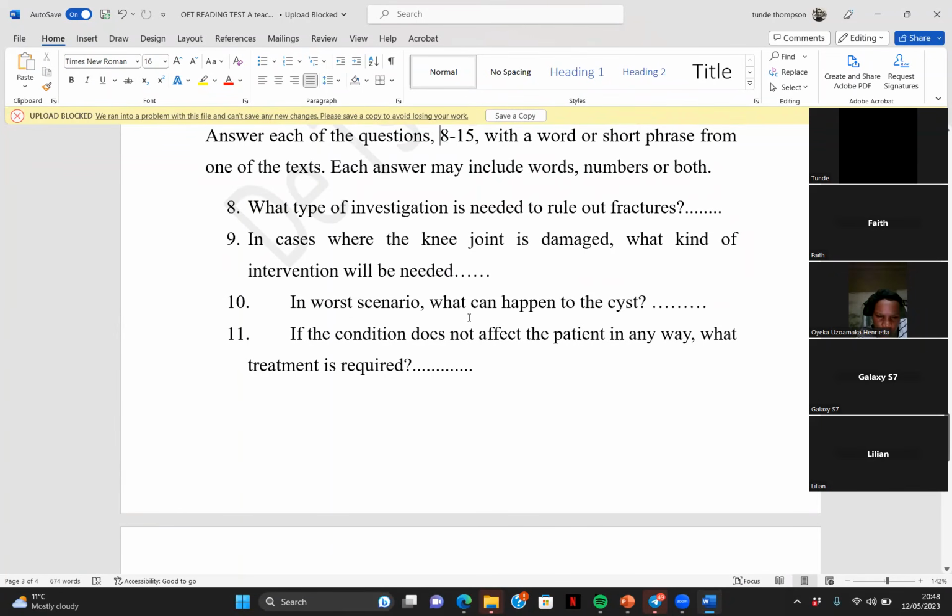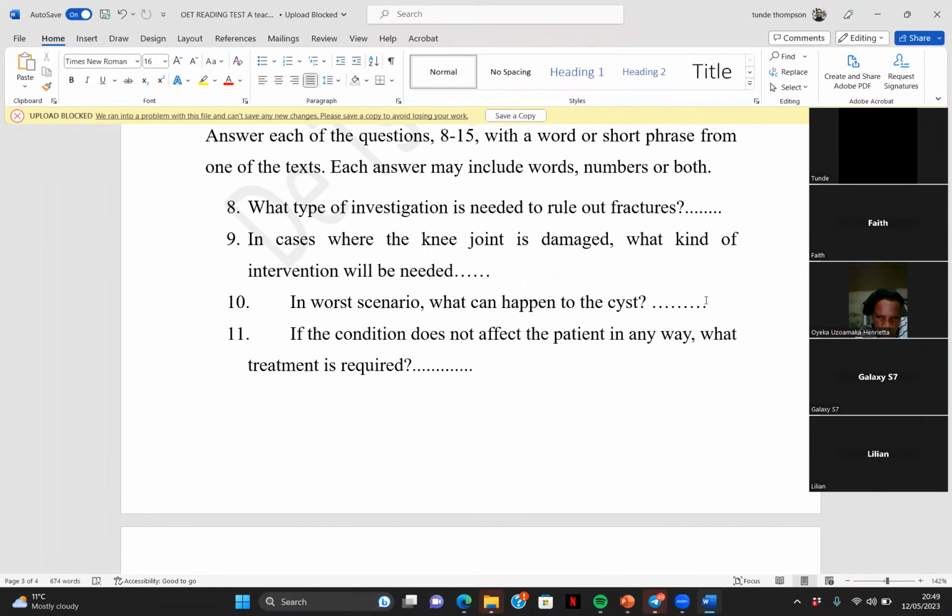That's question number 10. In what scenario, what can happen to the cyst? Your reply will be, it will rupture. Do you understand? It will rupture. That should be the response, because they say use a word or a phrase. So you answer in an appropriate way.